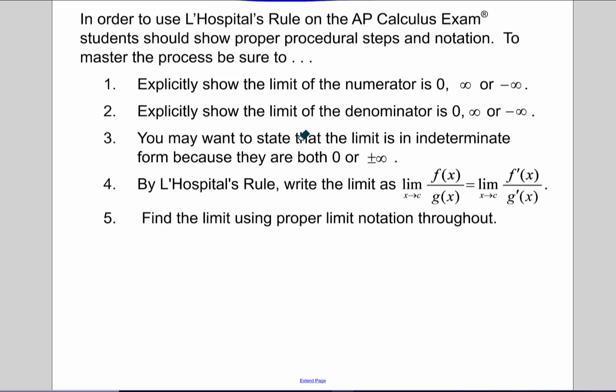And then after you explicitly show the top and the bottom are a problem area, then you can say the words, by L'Hopital's rule, I'm going to write the limit as, and go forth from there. So I can write the limit as this statement here.